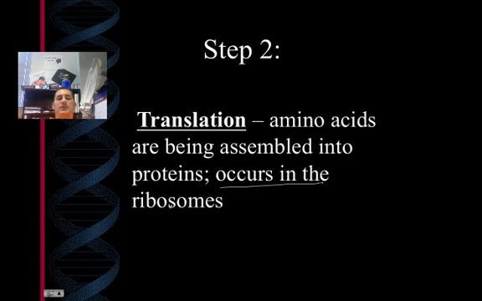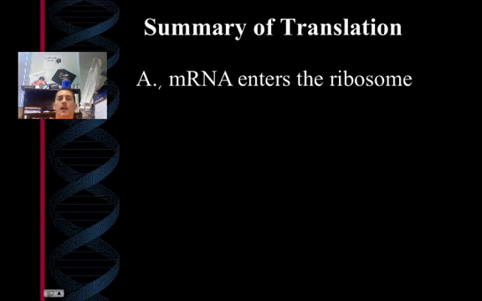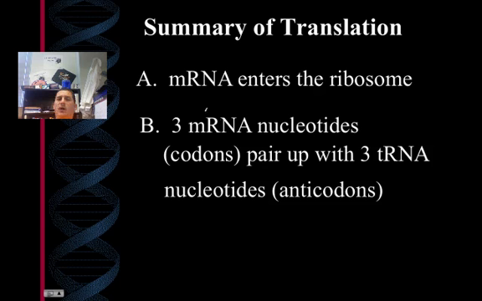Once it's in the ribosome, a process called translation is going to begin. This is when amino acids are going to be assembled into the proteins that make you and I unique. The way translation works is mRNA is going to enter the ribosome and pair up with tRNA.